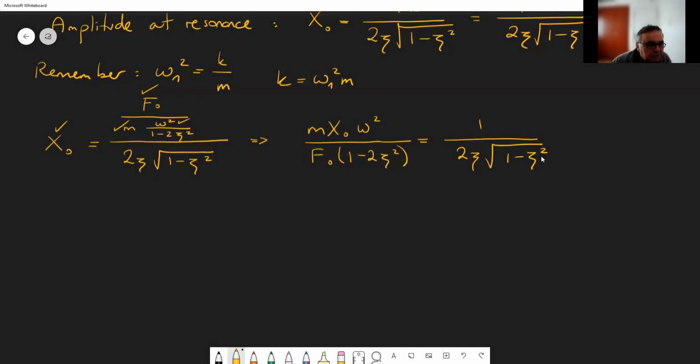We will just put in the values, 25 times x0, which was supposed to be 1.3 millimeters, so it is 1.3 times 10 to the minus 3 meters times 28.6 squared.